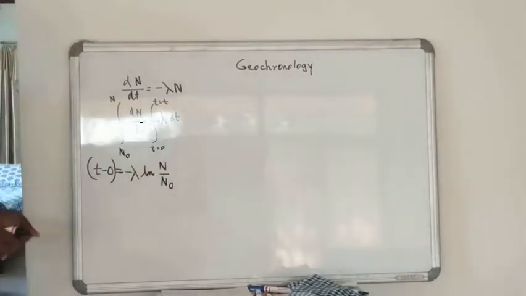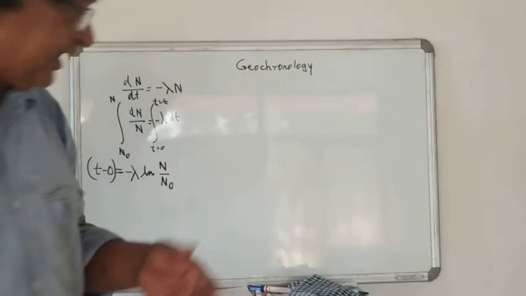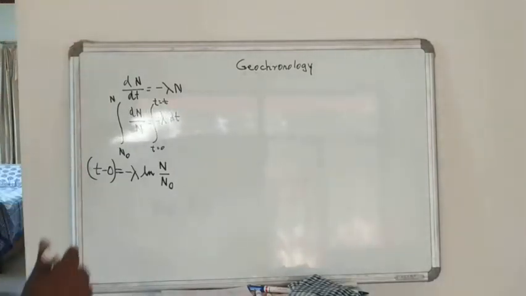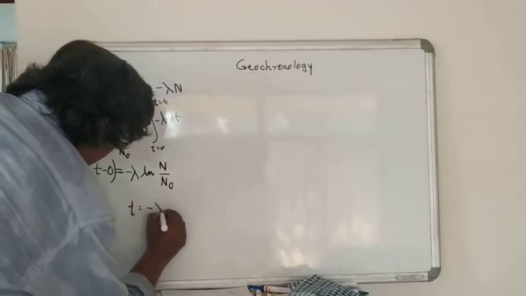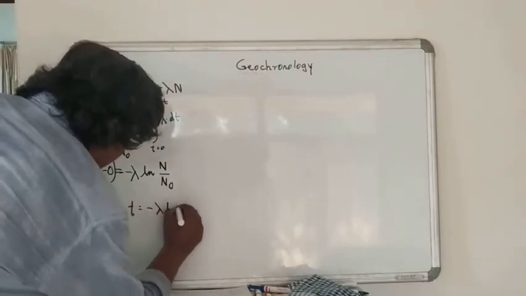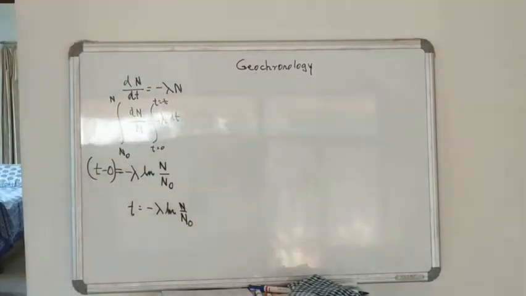Now you must understand lambda is independent of time, and therefore this is taken out. So we have this situation where we can write t is equal to minus lambda ln N by N0. This is the equation that we have.